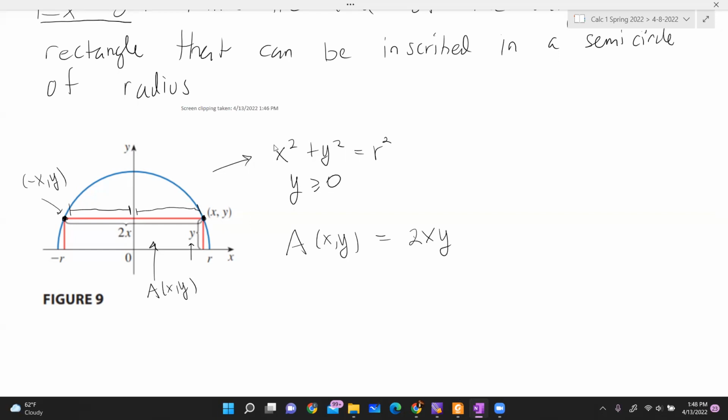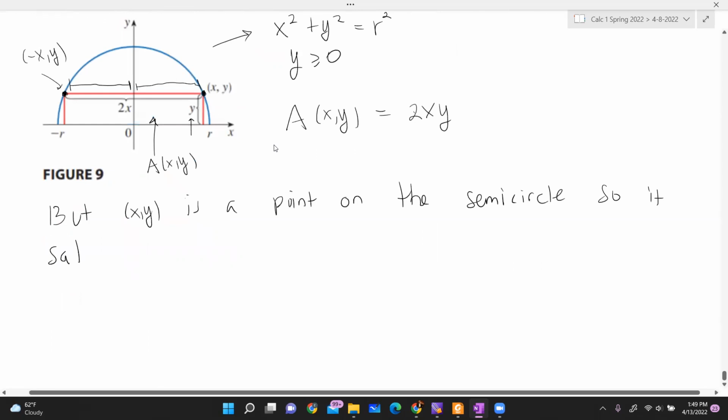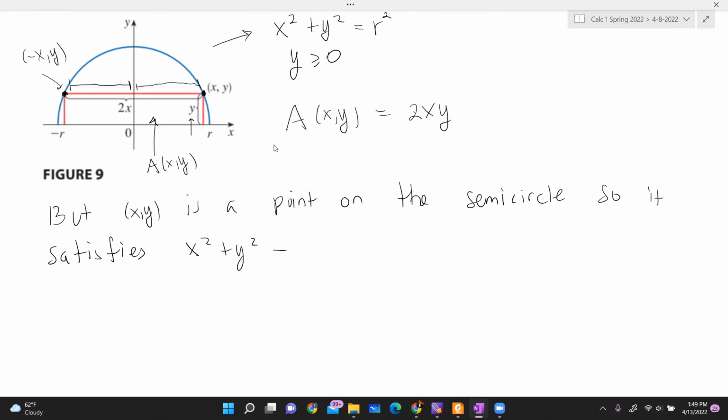So this is how you describe the area of the inscribed rectangle, but (x, y) is a point on the semicircle, so it satisfies the equation x squared plus y squared is equal to r squared.